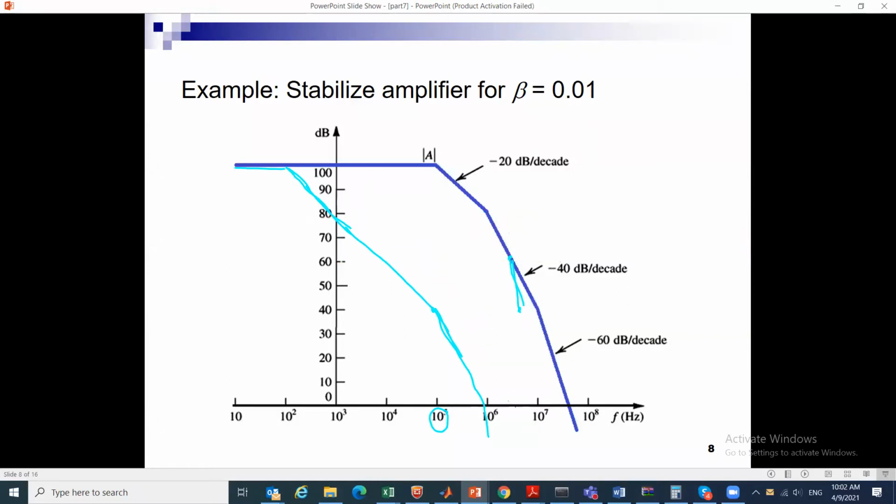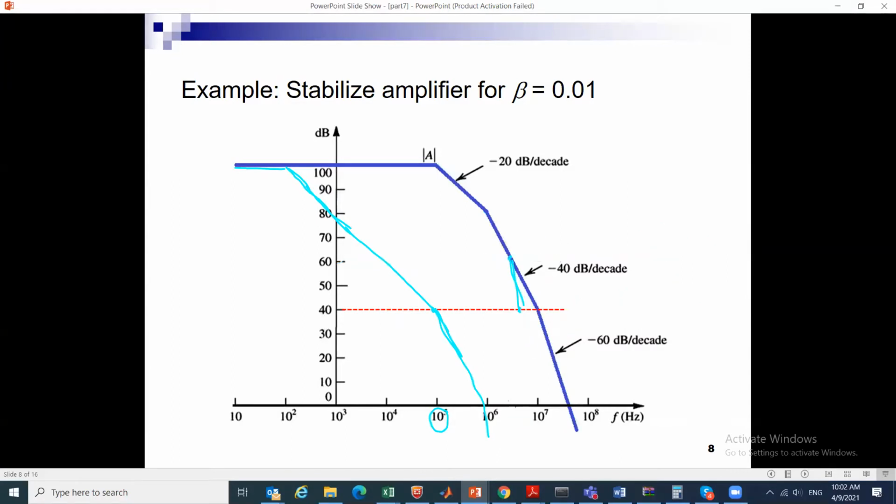So if my reference line of the 20 log 1 over beta is here, this is my reference or zero limit, and if I get the 20 log 1 over beta to be here, then this is really an unstable design, because it is below the zero limit.